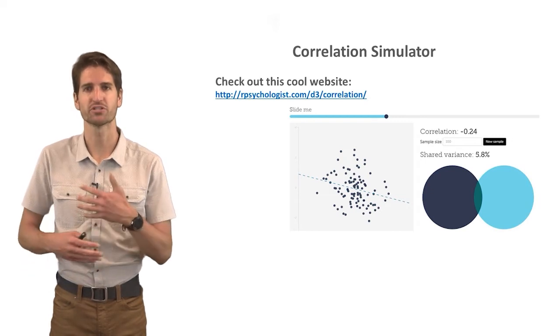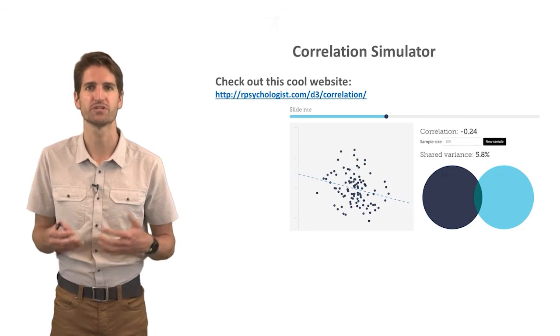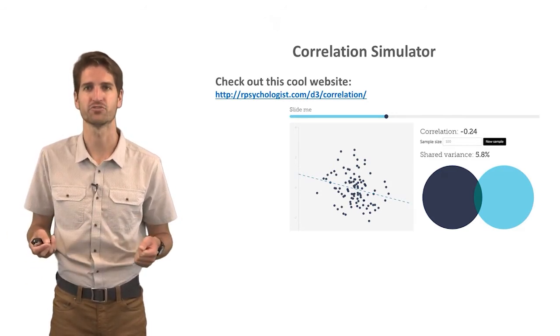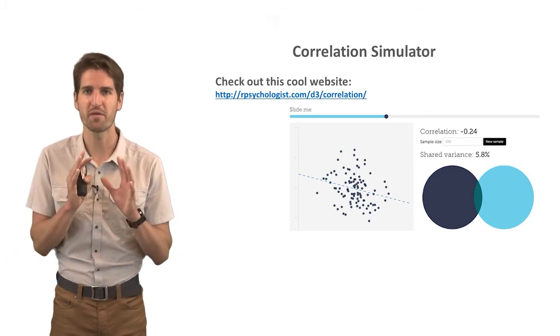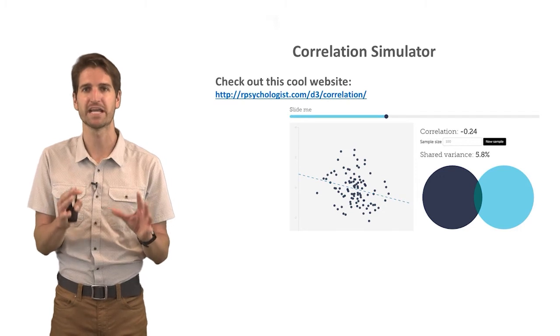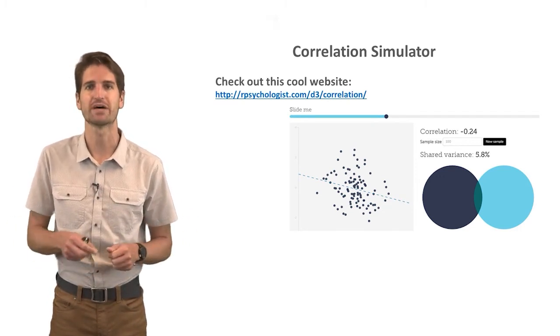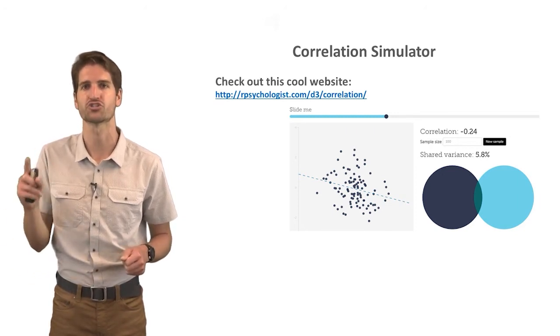This is when we want to talk about the percent of overlap or the shared variability between two variables: we can square the correlation value to get that percentage of shared variance. Okay? It's important to remember, though, that a correlation by itself, that -0.24, should not be interpreted as a percentage of anything. You would have to square that value in order to get to that shared variance, or that R-squared value.